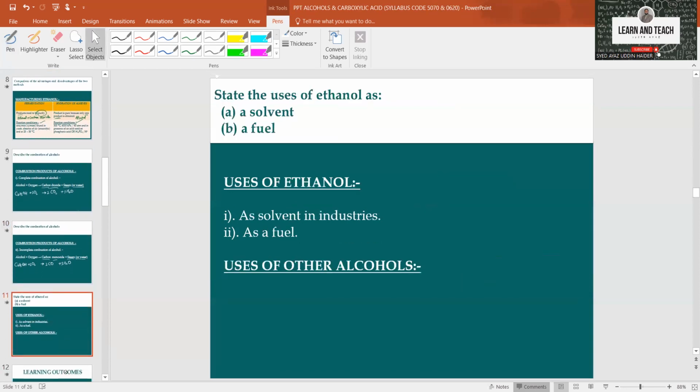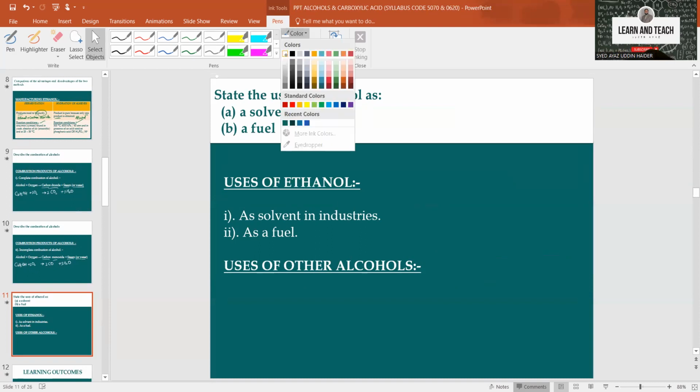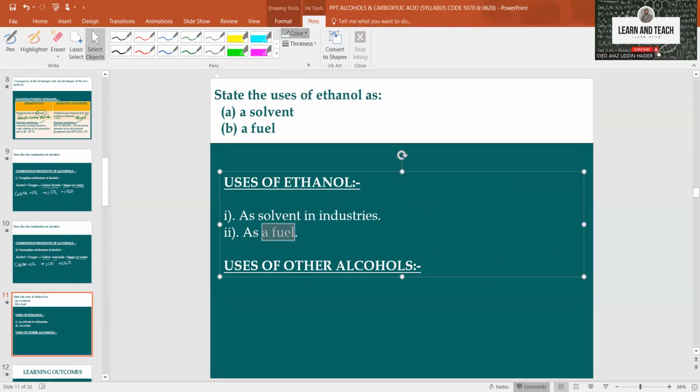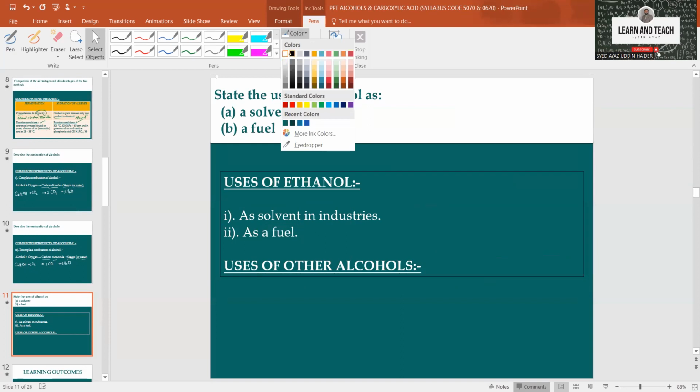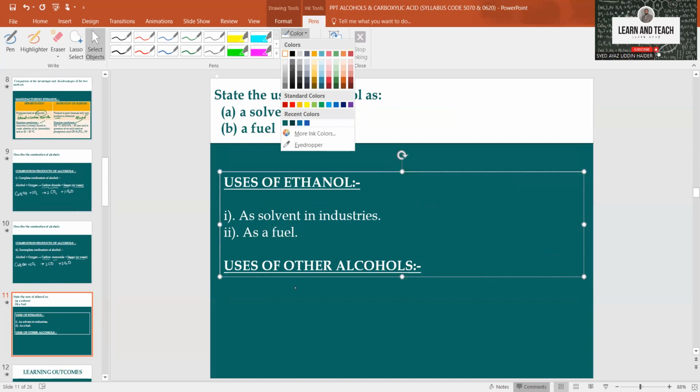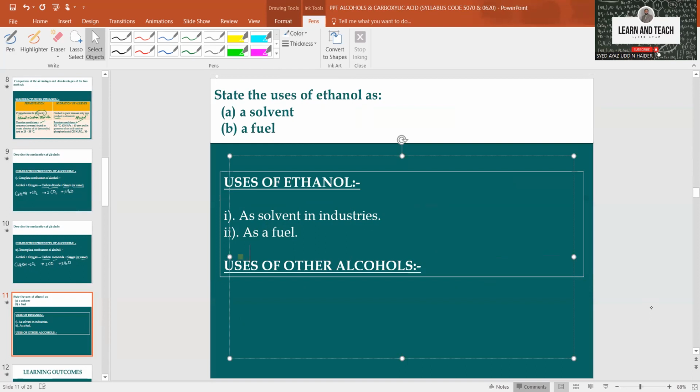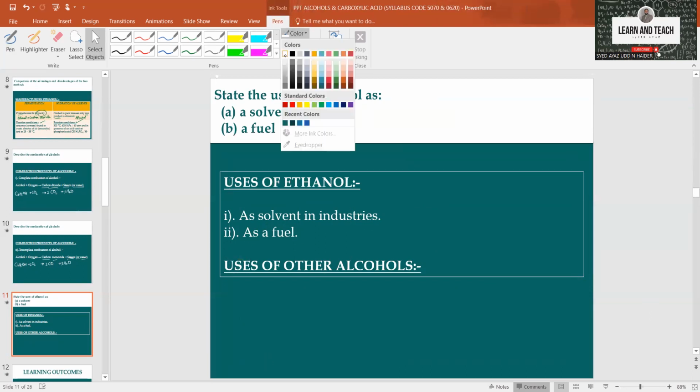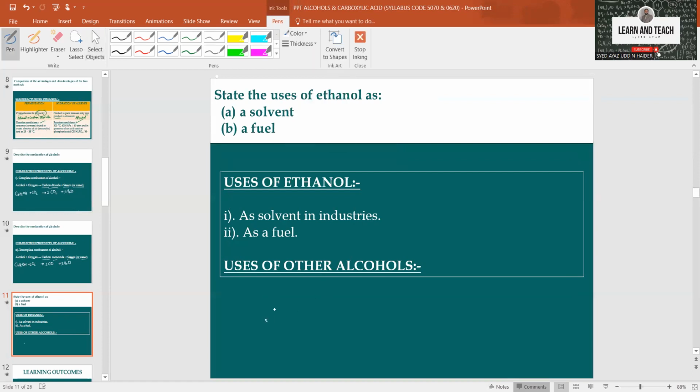Now, uses of ethanol. It is used as a solvent in industries and as a fuel.